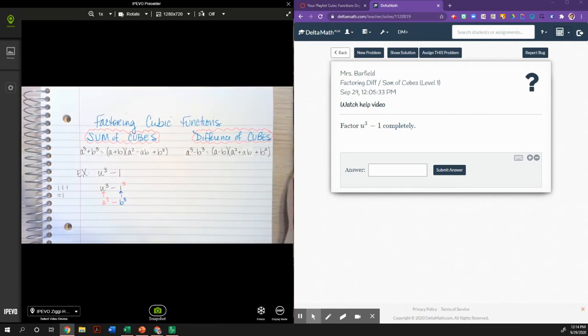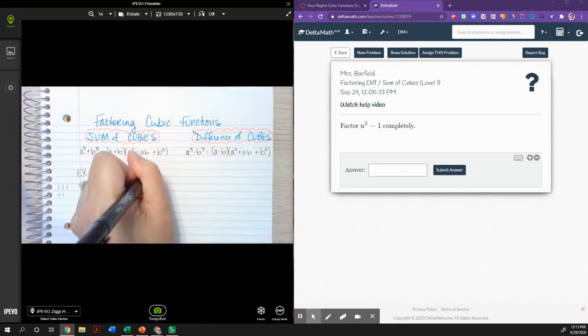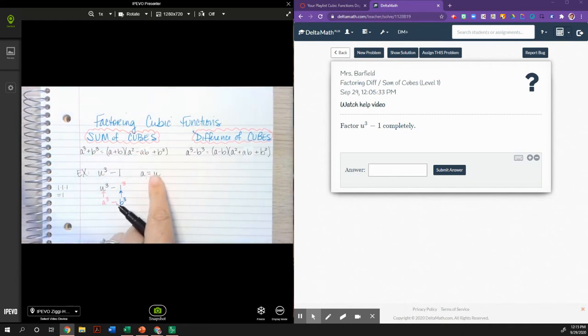Now we have to figure out what a equals, so not a to the third, but actual a. What am I multiplying 3 times to get this value here? Well, I'm multiplying u. So a equals u, because then a to the third power would equal u to the third power.